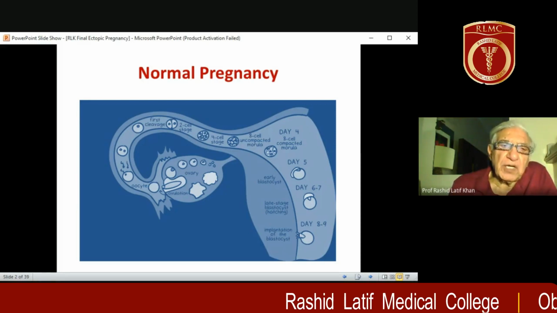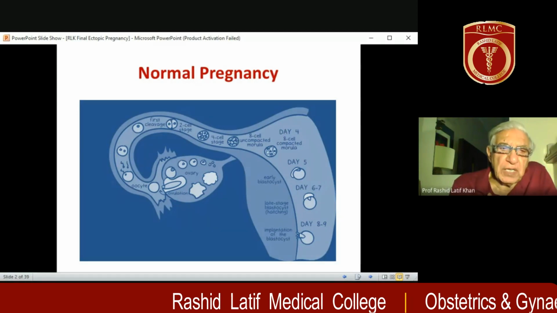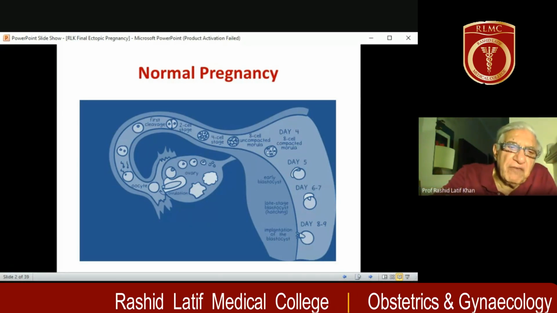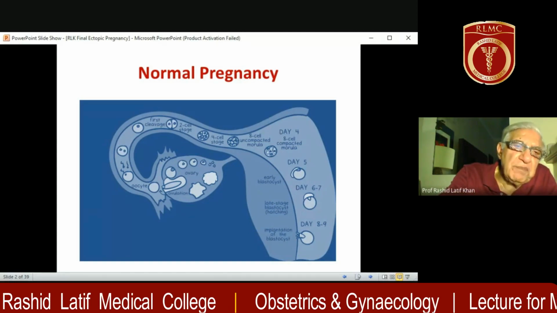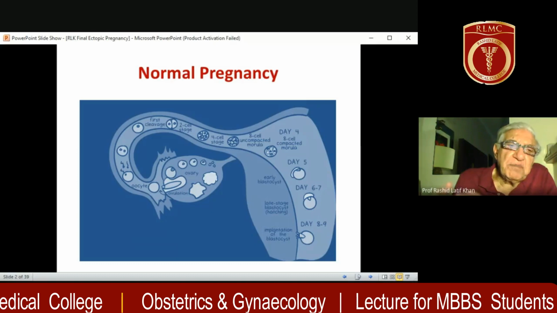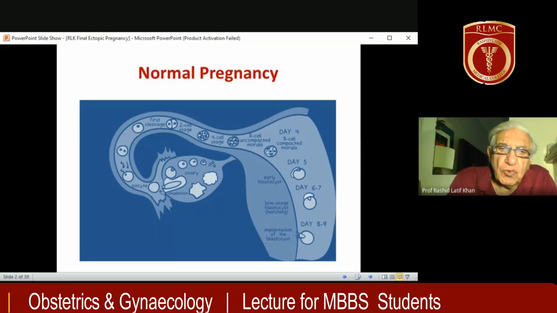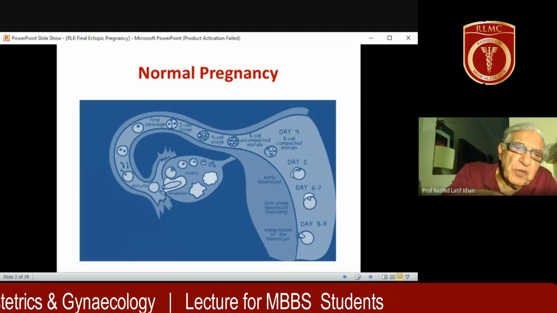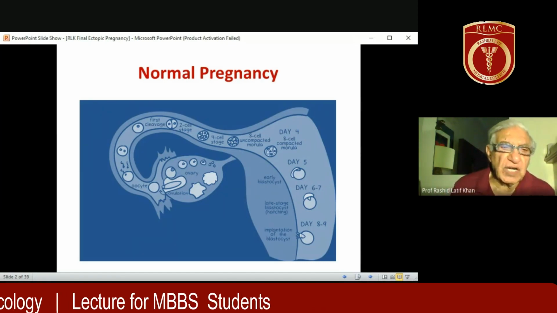The lateral part of the tube is known as the ampulla, the ampullary part. Then the egg travels through the tube into the main stem, that is the ampulla, and there it meets the spermatozoa, which travel through the vagina, uterine cavity and fallopian tube to reach that part of the tube to cause fertilization.